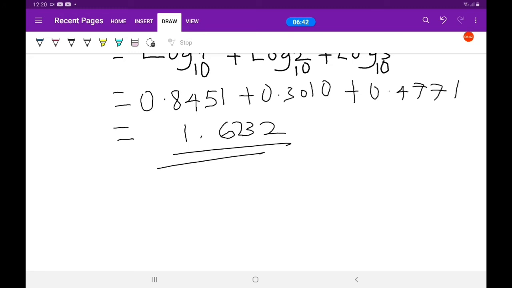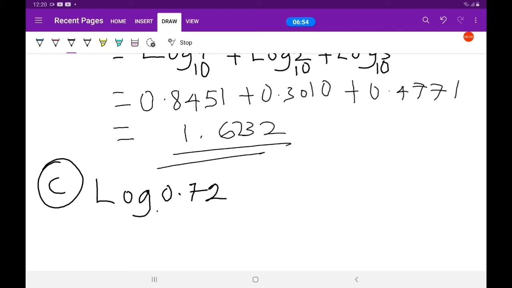Now the last one, the question says you calculate log 0.72. Remember, it is in base 10. Now you are going to look for two numbers such that it will give you 0.72.